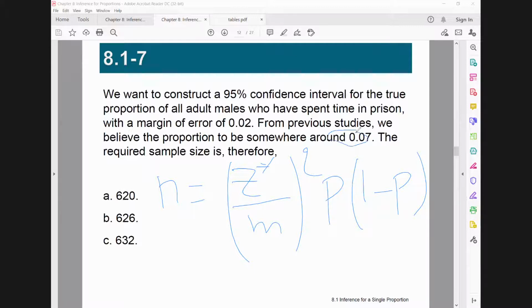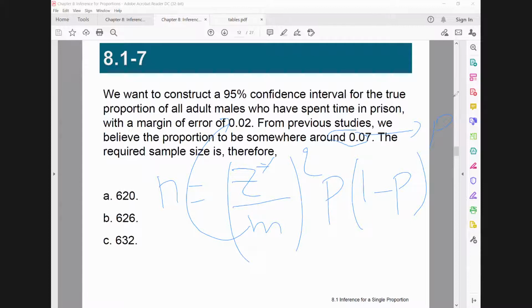Here we don't take it as 0.5 because he said previous studies believe that the proportion is like 0.07. M is given, the margin of error is 0.02, and Z star here is the same, 1.96.